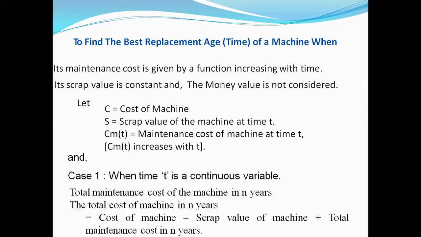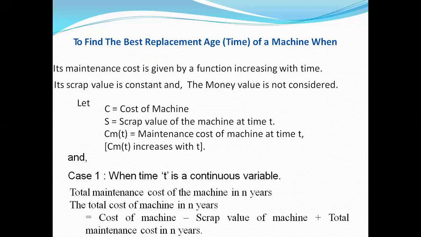Considering the scrap value is constant, because if it is not useful for utilization, then the money value is not considered, and hence a formulation has been traced out for finding the best replacement with respect to the time basis.